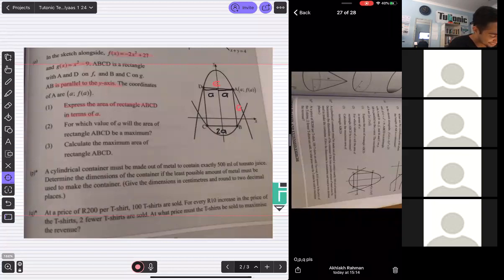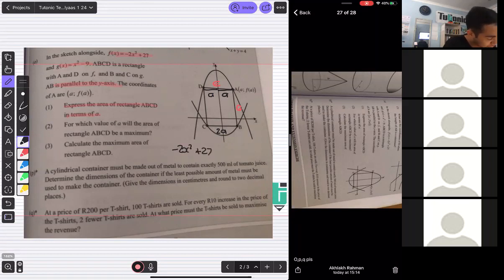I was thinking that. That's possibly what they want, eh? Because it's just the distance between the two graphs. So if the one graph is minus 2x squared plus 27, and the other one is x squared minus 9, you want to sub in A as the x coordinate. Do you agree?